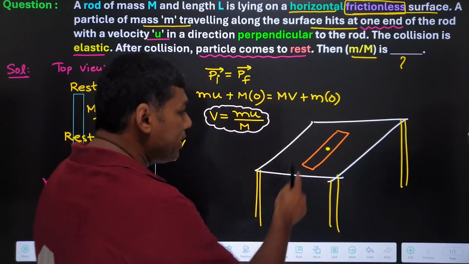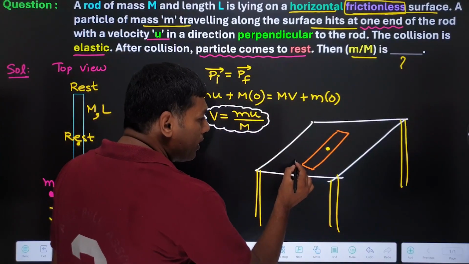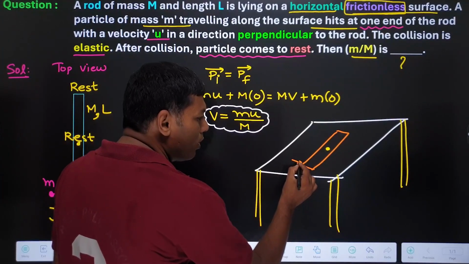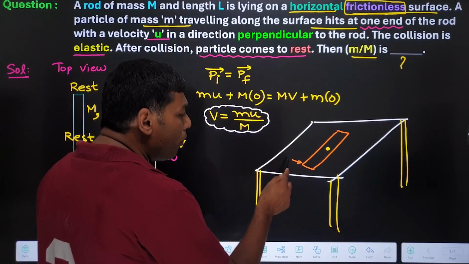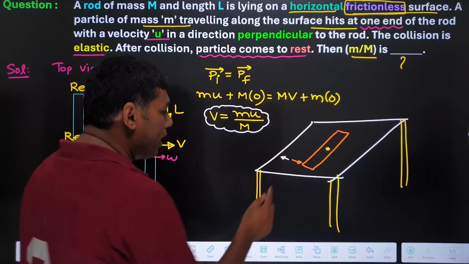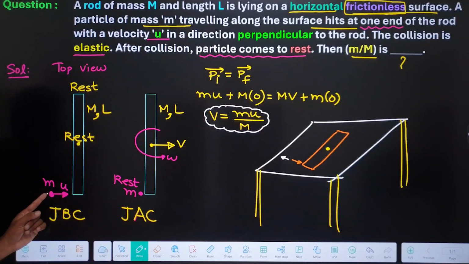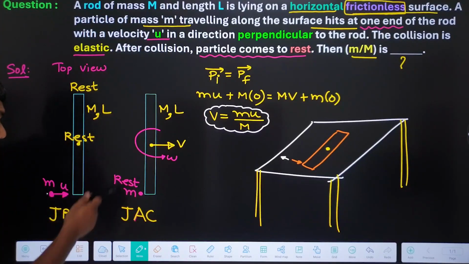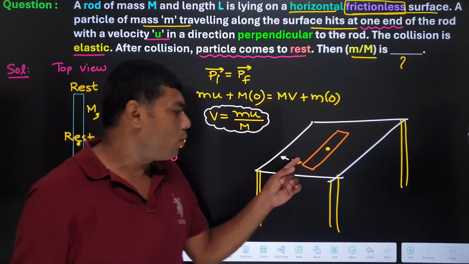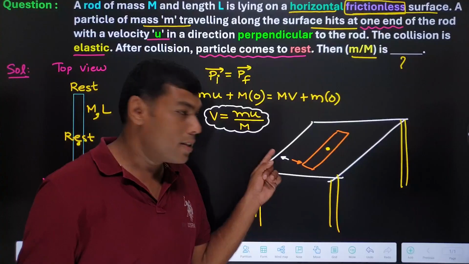Now, about the yellow point, there is an impulsive force on the rod during the collision, and an equal and opposite impulsive force acts on the point mass.